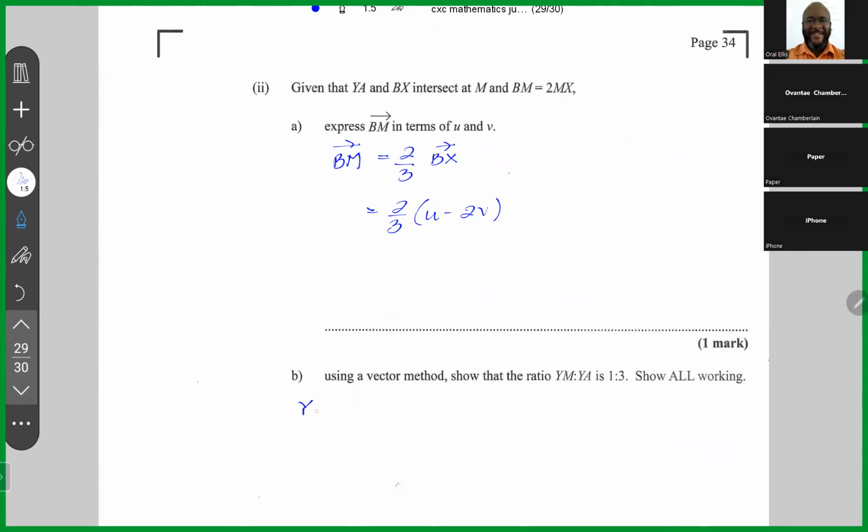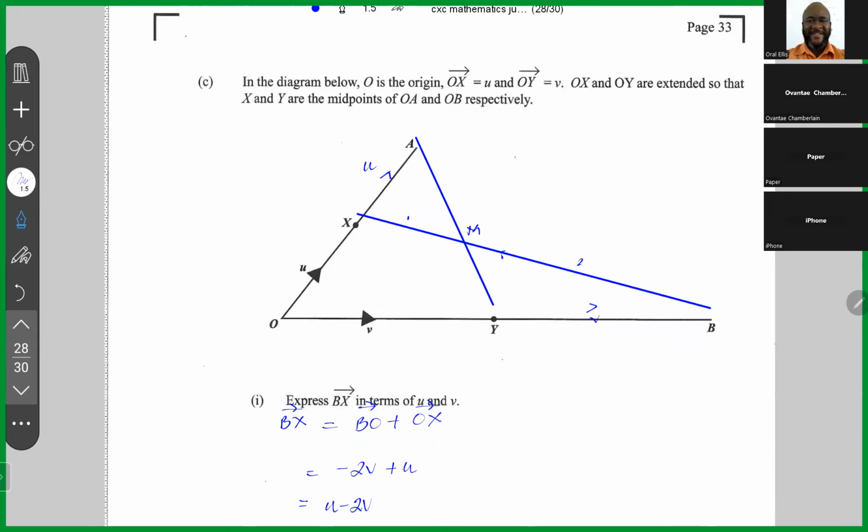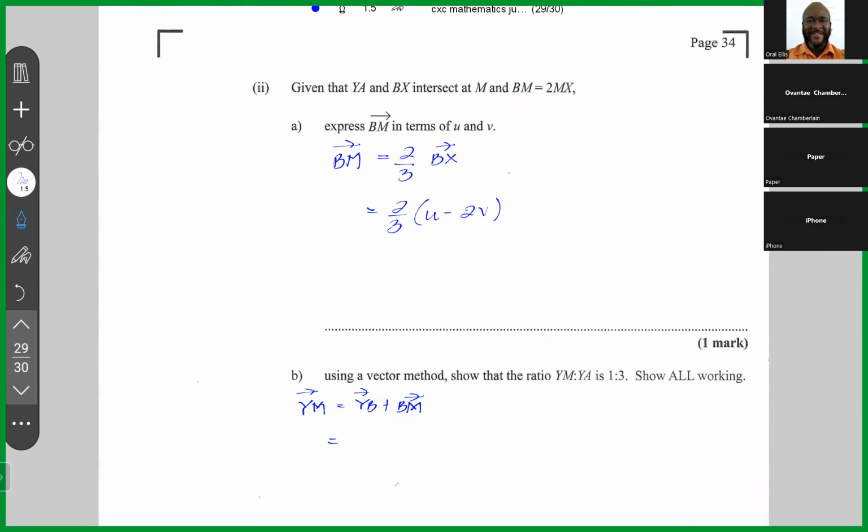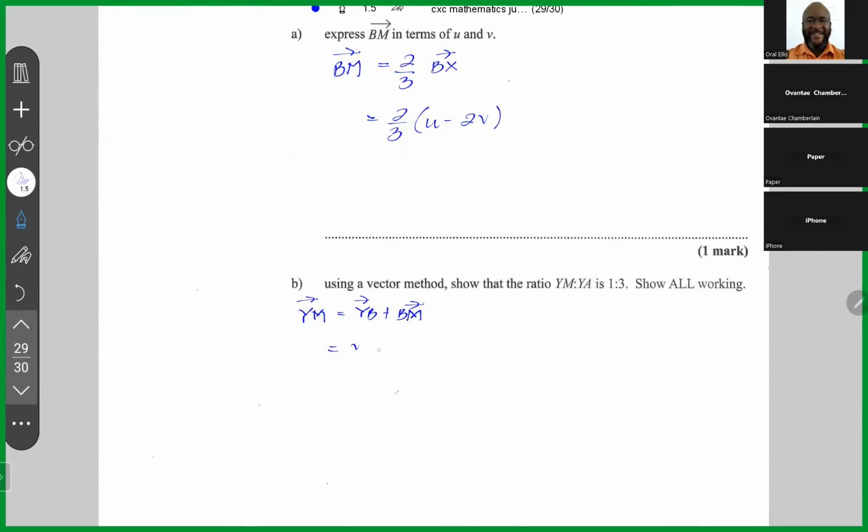YM is equal to YB plus BM. This is V plus 2/3 of U minus 2V.